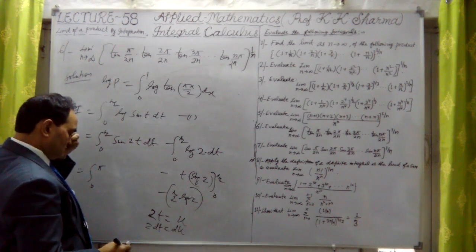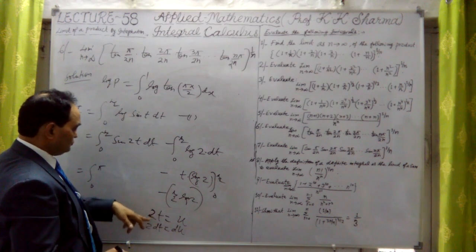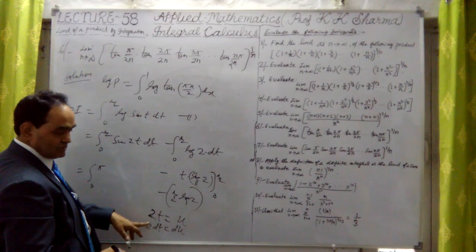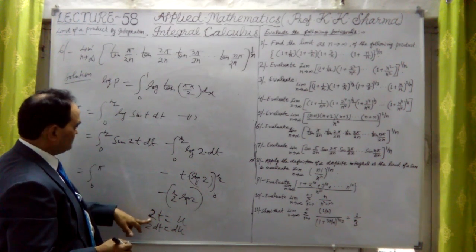Now the limits are 0 to pi, because at 0, u equals 0, and at pi by 2, it will be pi only.